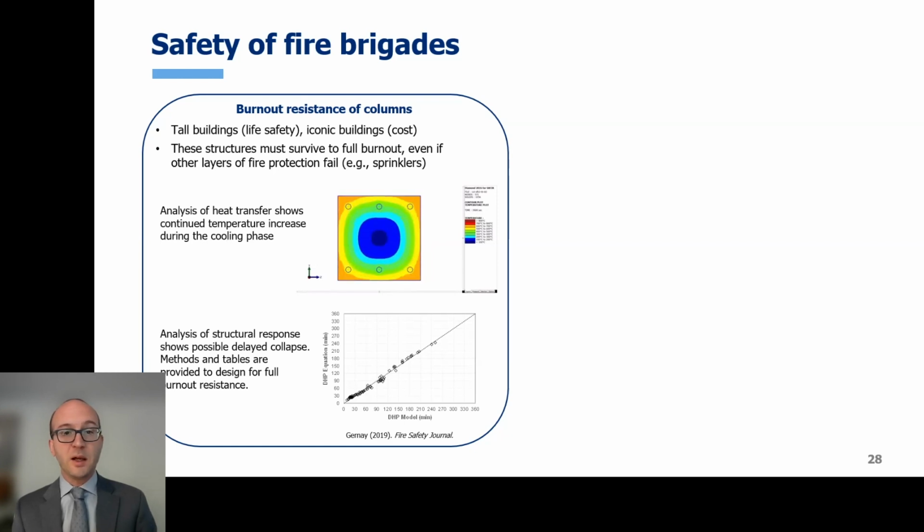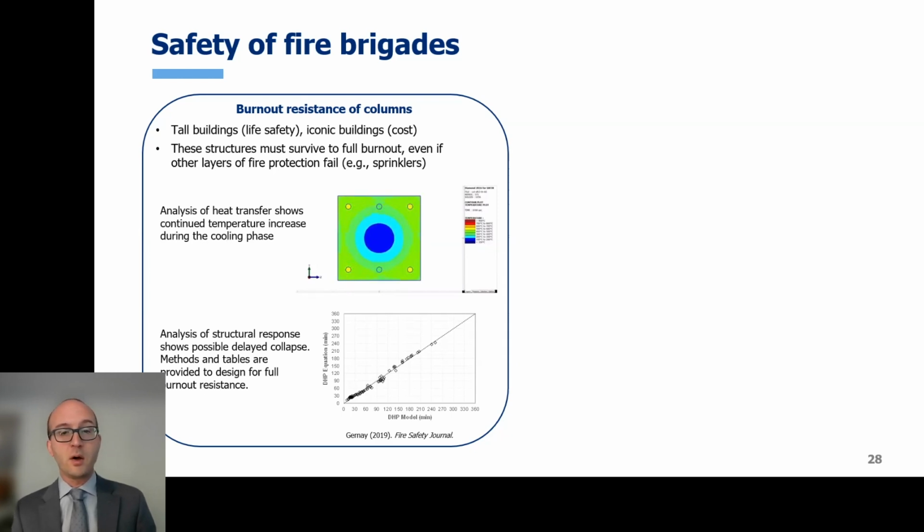Questions that cannot be explicitly answered by a prescriptive approach, but instead require numerical modeling. For example, prescriptive designs do not contemplate the cooling down phase of a fire. So if a building owner wants to basically have a building survive to full burnout, it would need a performance-based approach to check that, to demonstrate that.